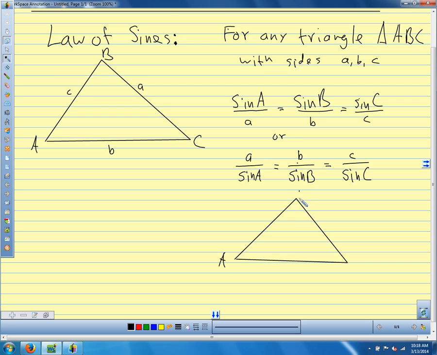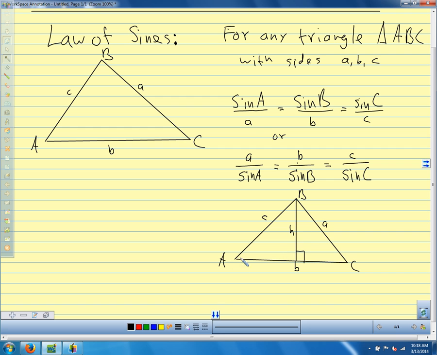So if this is my triangle ABC, and this is side C, side B, and side A, what we're going to do is draw in an altitude. And the altitude of the triangle makes a 90-degree angle with that side. And that's where we find the height of the triangle.